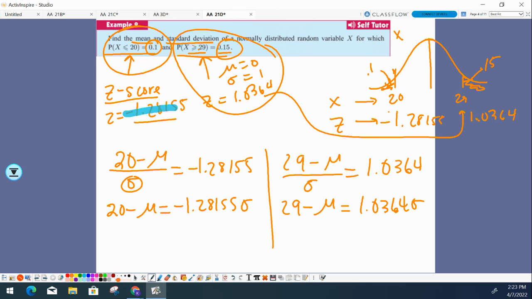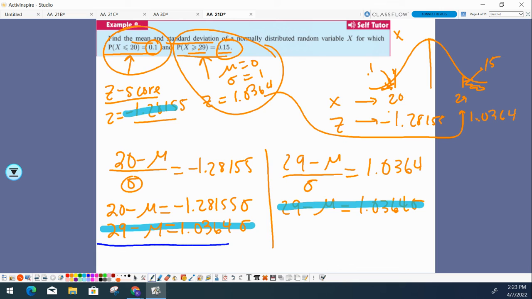Okay. Now, this is what we're going to do. I'm going to take this equation and subtract it from this one. So first of all, I'm just going to write this down.